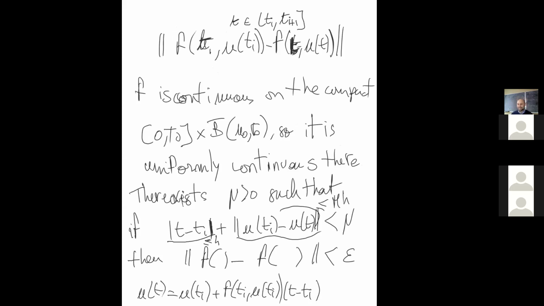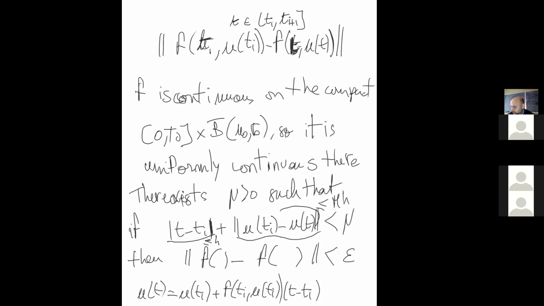Because when we have that F is continuous in the compact, if we have this property of F, it implies that F is uniformly continuous on the same set by the theorem of Heine.